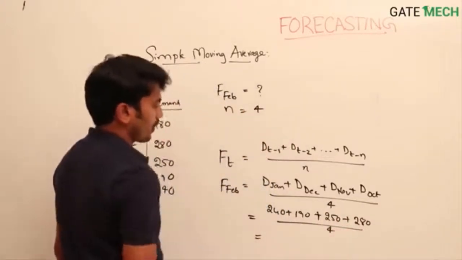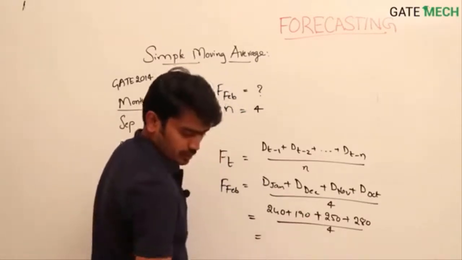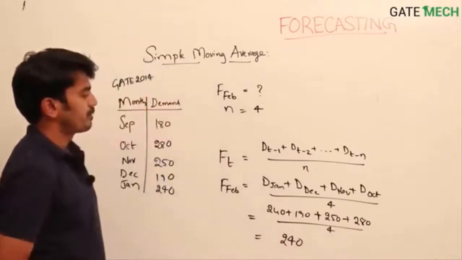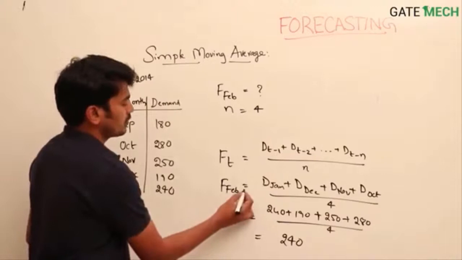This will come to 240. So this is the 4 months moving average.